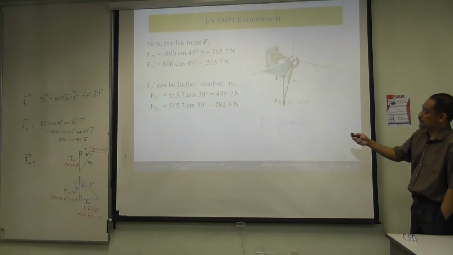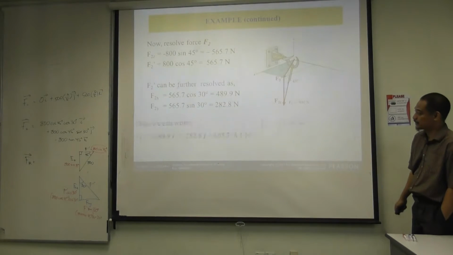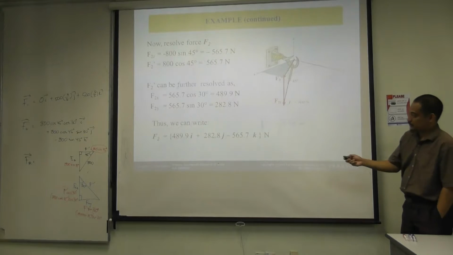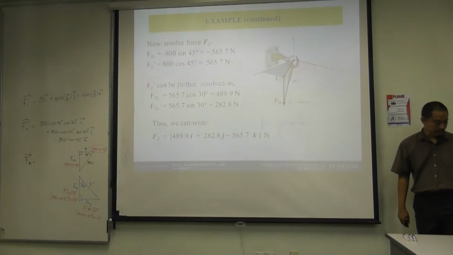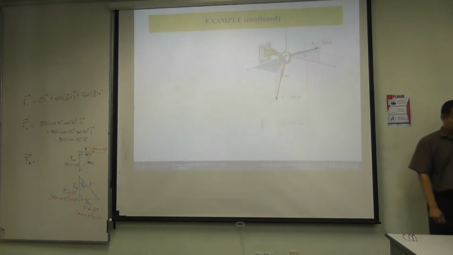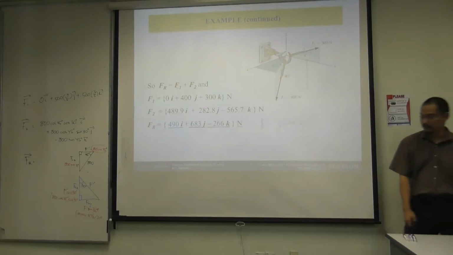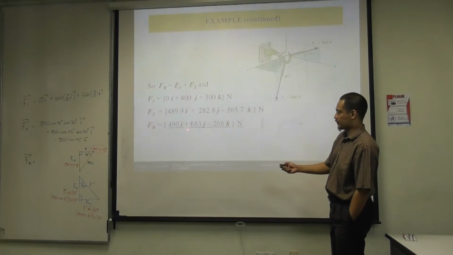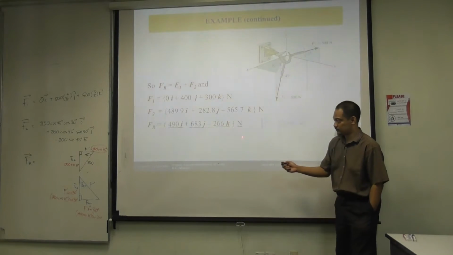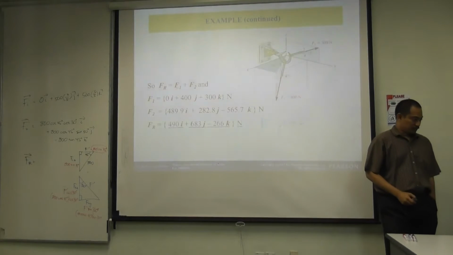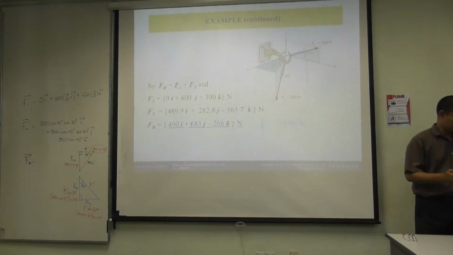This one is referring to this triangle, this one is referring to that triangle, and then you can write that one. After you have obtained both forces, the resultant is simply you add them, you get this one. Alright? Okay.